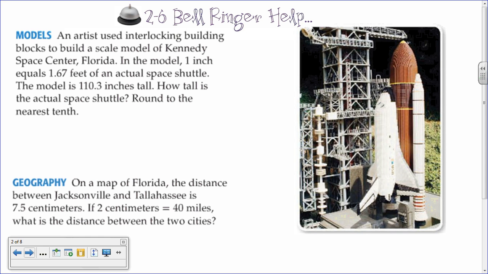In the model, one. But we're talking about the model, so one goes over 1.67. And that should equal what? 110.3 over X. And how do we solve proportions? Cross multiply, good.